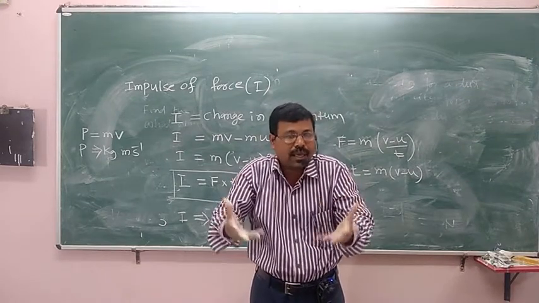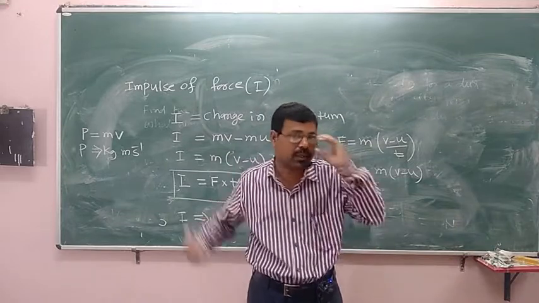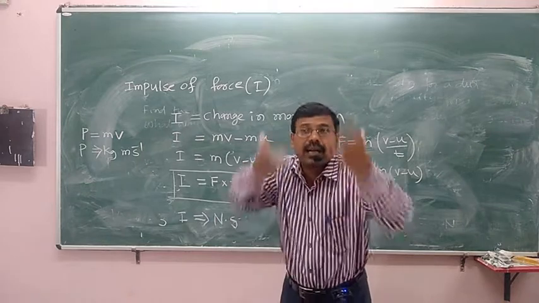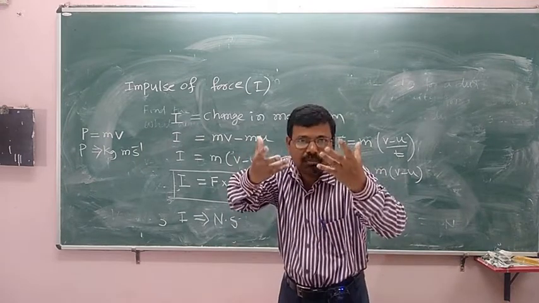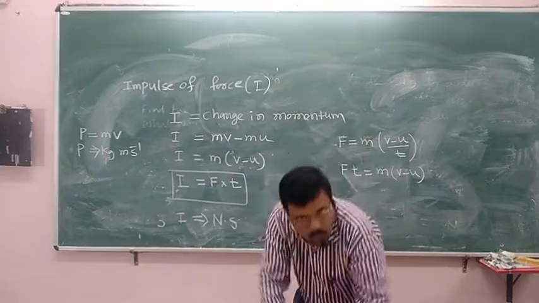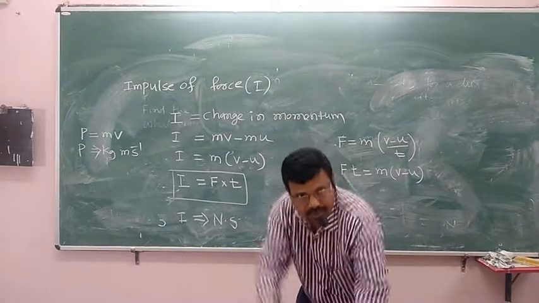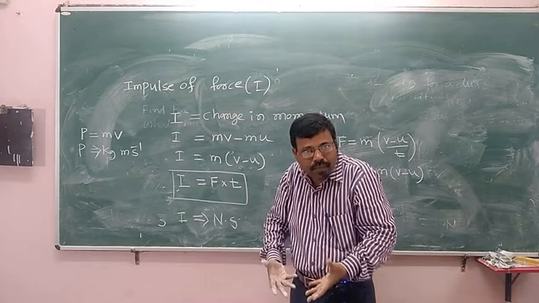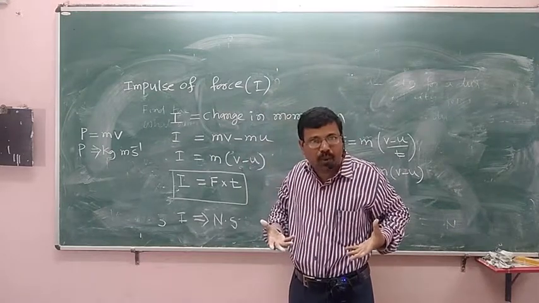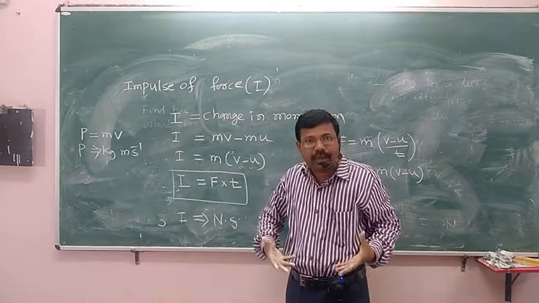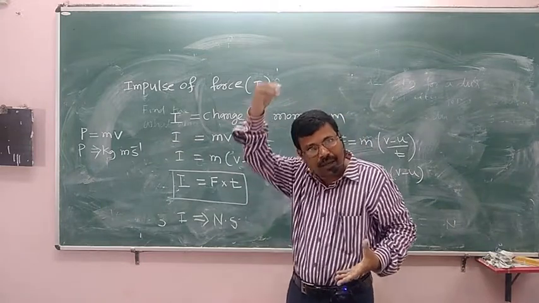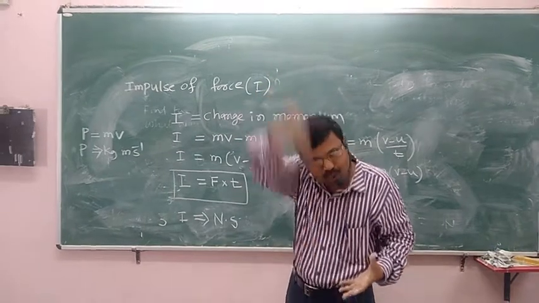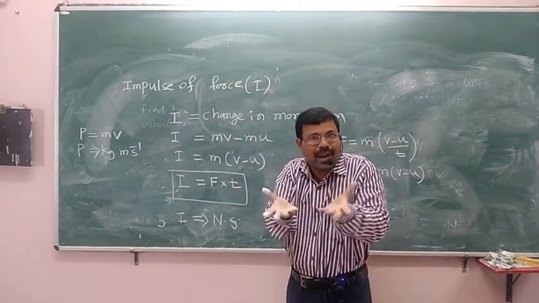So this is a very important application of impulse of force. I repeat, while catching a cricket ball, the cricketer lowers his hands, takes his hands backward. As he takes his hands backward, time of fall increases. The rate of change of momentum decreases, force decreases, therefore hands are saved.